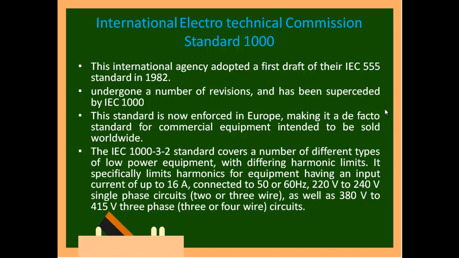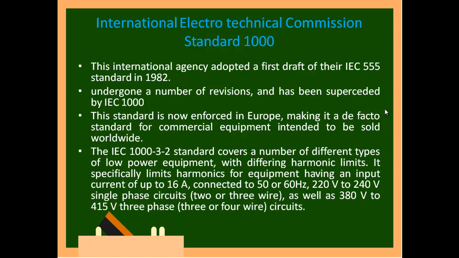It is equivalent and intended to be sold worldwide. The IEC 1000-3-2 standard covers a number of different types of low power equipment. This is the only thing you should remember. IEC 1000-3-2 is for low power equipment with different harmonic limits.